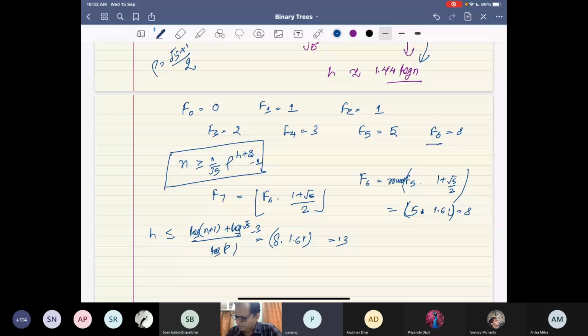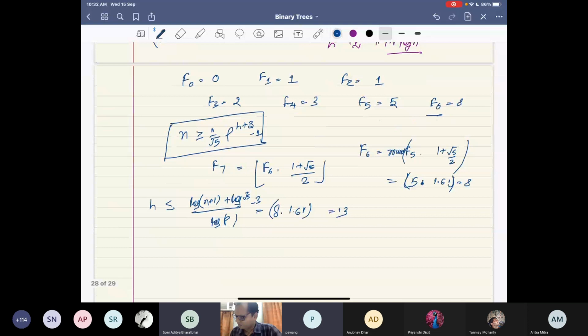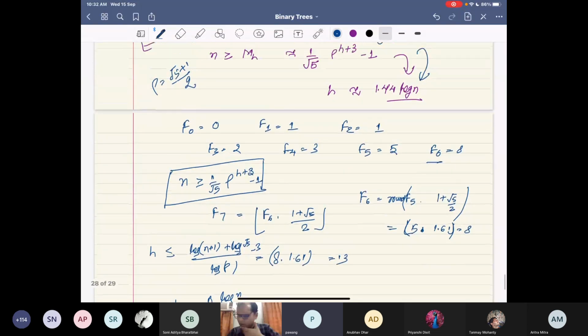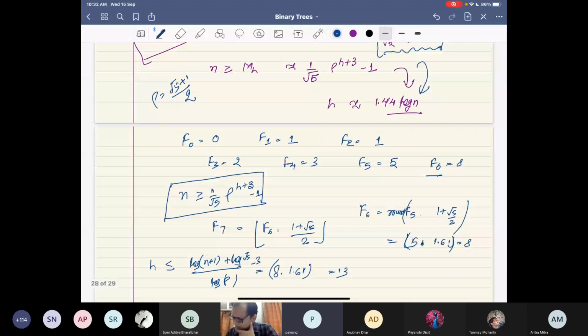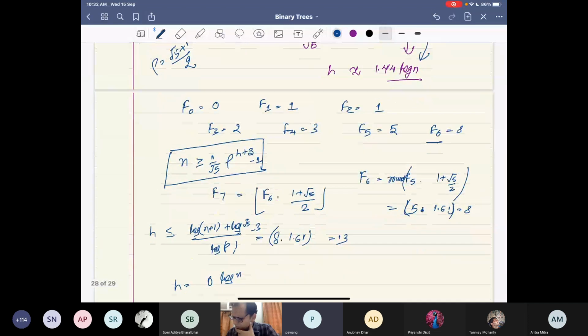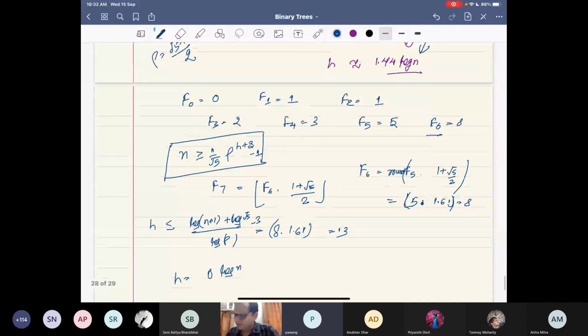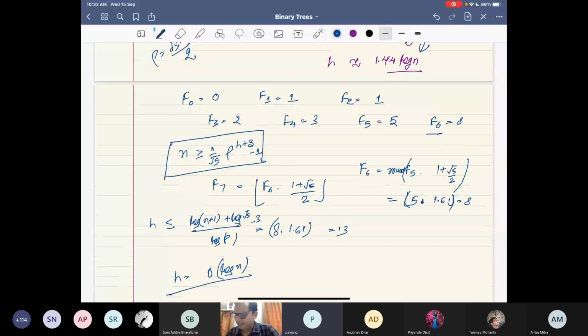So then from there you find h is actually order log n. If you actually compute, you will get roughly 1.44 log n. But order log n is what you derive directly from here. So this was just the proof that if you follow the AVL property, you get height order log n.